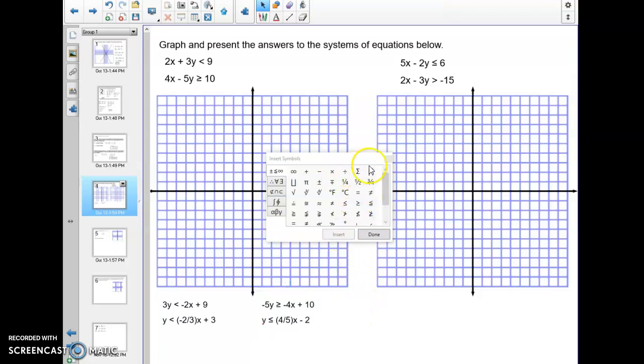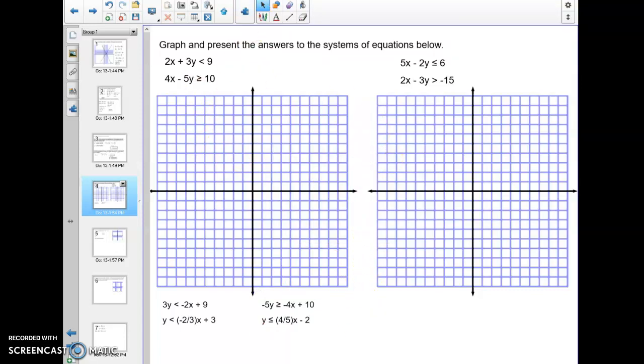And we end up with y is greater than or equal to positive 4/5 x minus 2. And I'm simply going to graph those lines. So positive 3, and we have negative 2/3 as a slope. Up 2, left 3. Down 2, right 3.